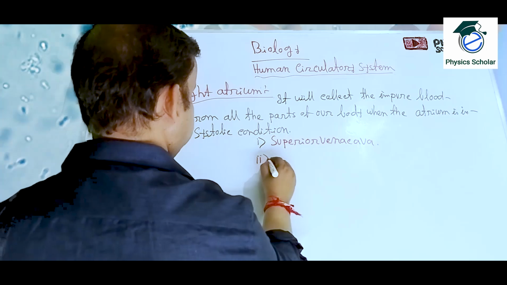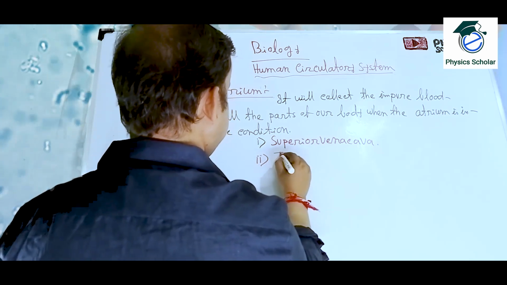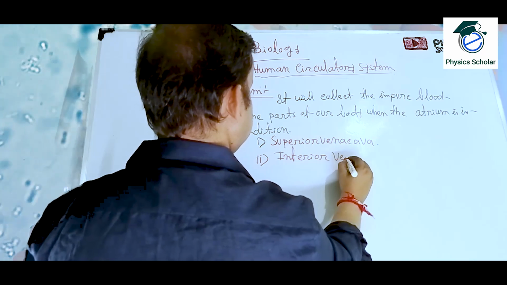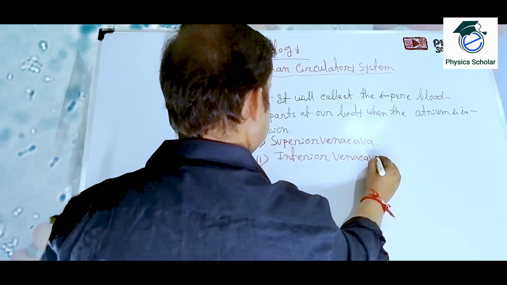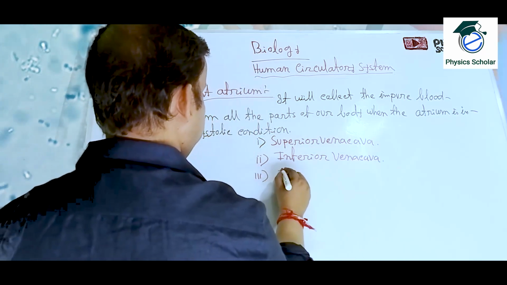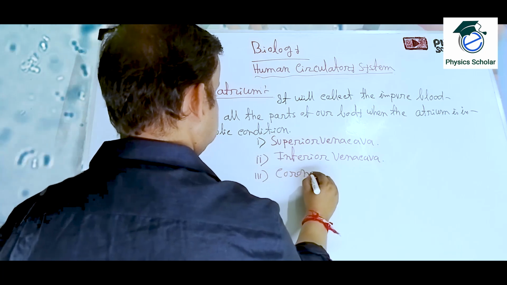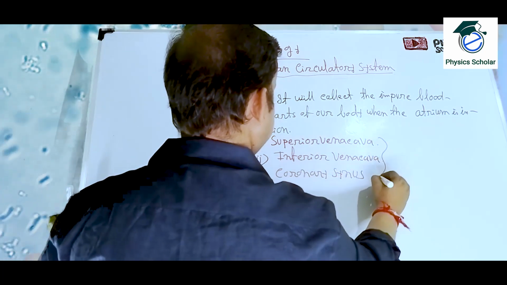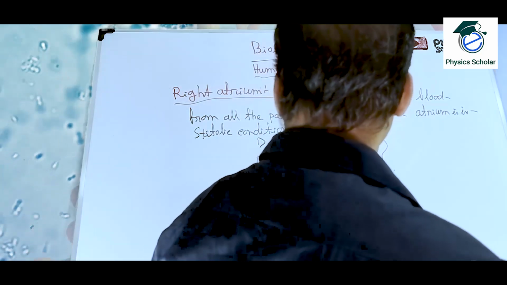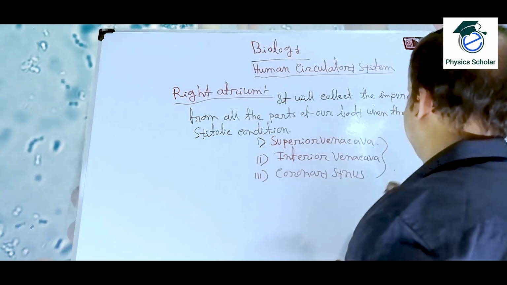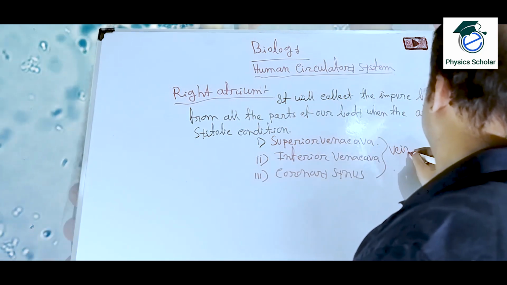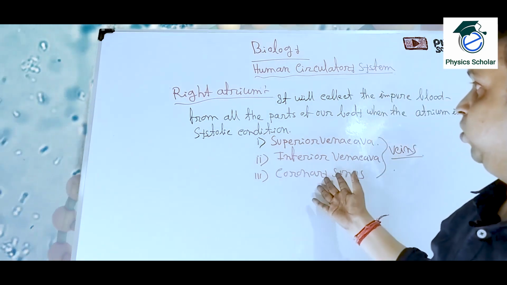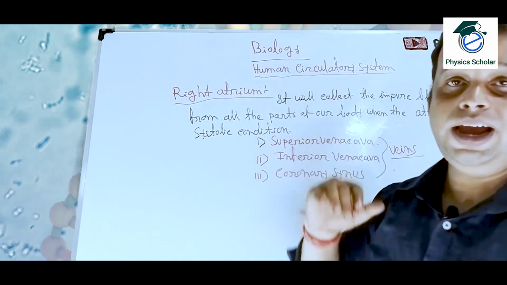Next, the inferior vena cava, and number 3, the coronary sinus. Okay, so these three types of veins will be connected to the right atrium.